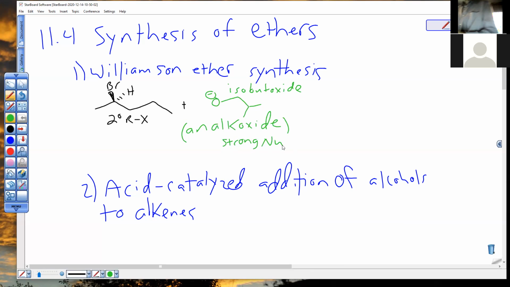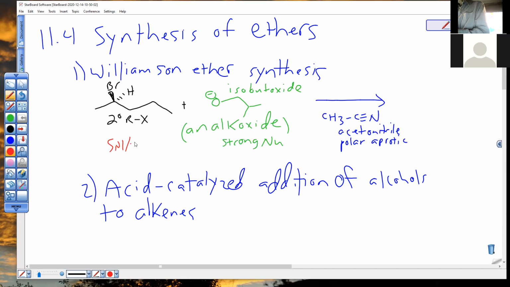To make sure this goes the way I want it to go, I'm going to make sure I use a polar aprotic solvent, such as acetonitrile, polar aprotic, and our analysis from chapter 9 says SN2.